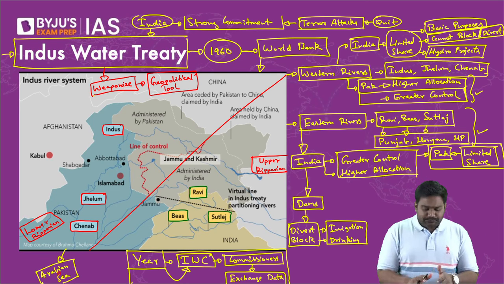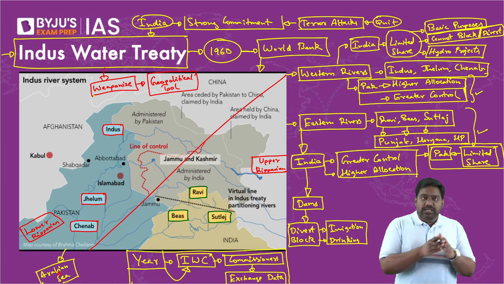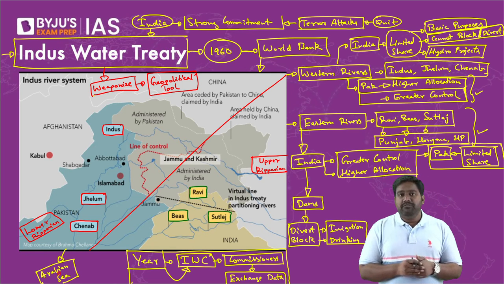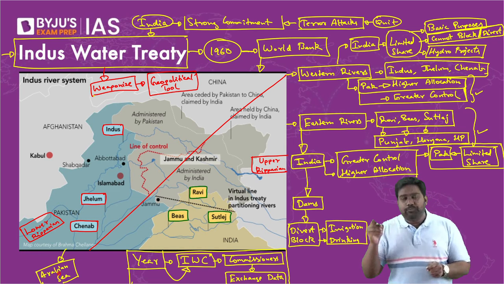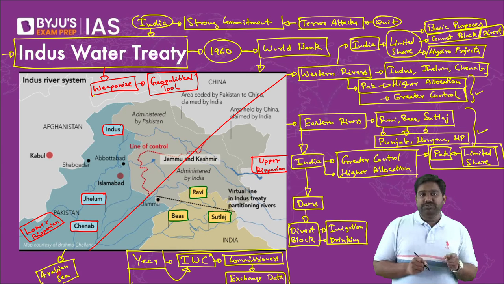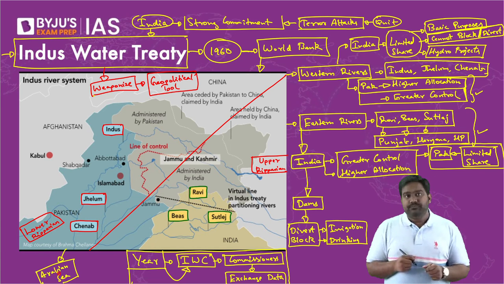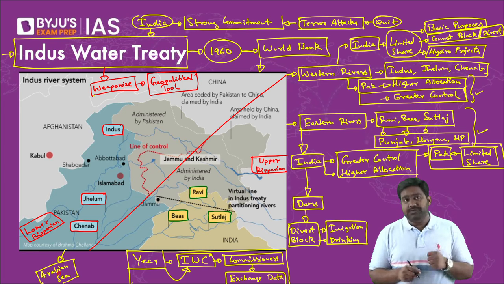Other than that, by weaponizing Indus waters, we will actually help Pakistan. We will help the deep state, the army and the ISI, to further their propaganda against India. They're already raising allegations that India carries out water terrorism. Lies are spread in Pakistan by terror leaders like Hafiz Saeed.